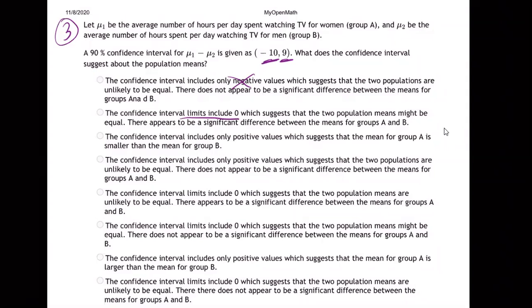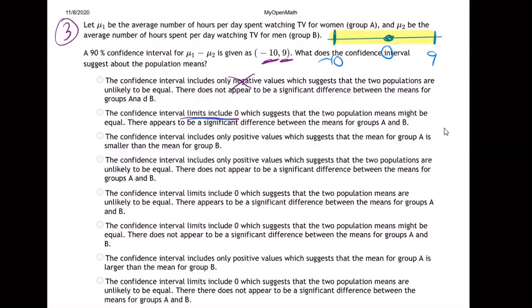Because our interval goes from negative 10 to positive 9, which means 0 is in that interval. Between negative 10 and positive 9, 0 is among it. So it includes 0.